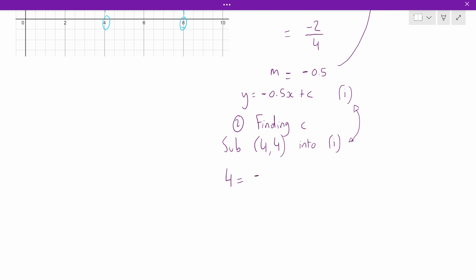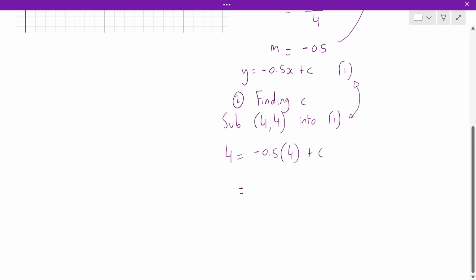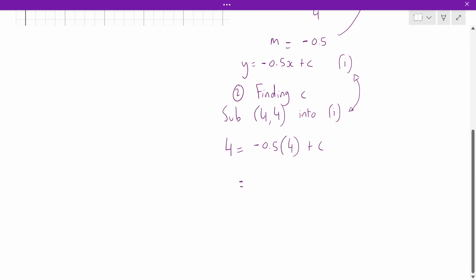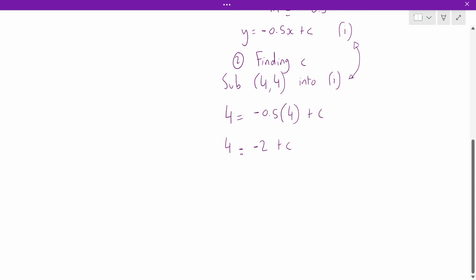So 4 equals negative 0.5 times my x value, which is also 4, plus my c value. The brackets there just mean times. So I'm going to keep this 4 where it is. We've got negative 0.5 times 4, so that equals negative 2. And plus c over here.